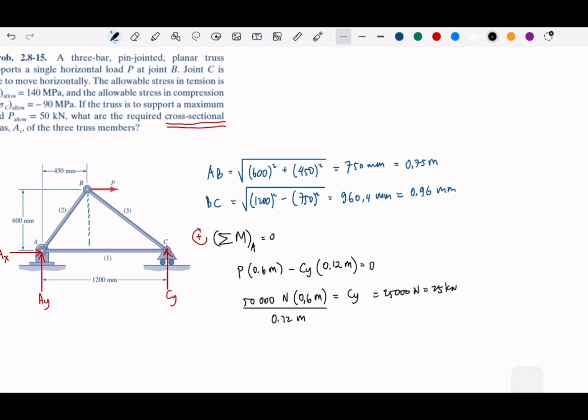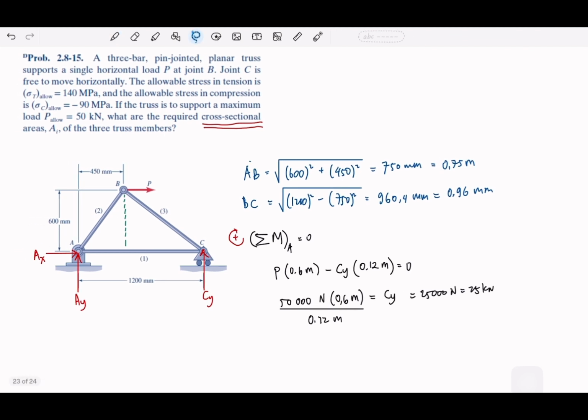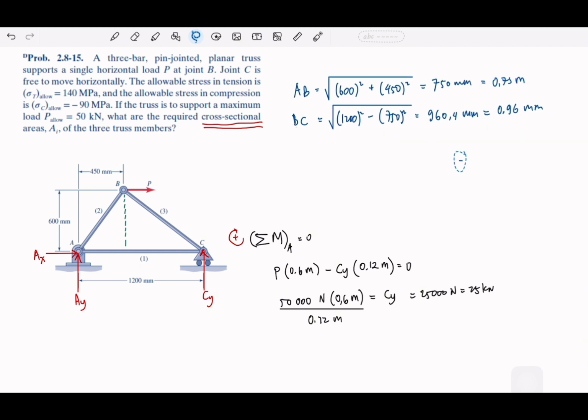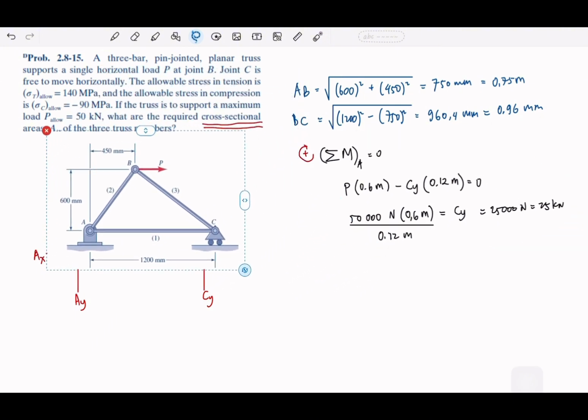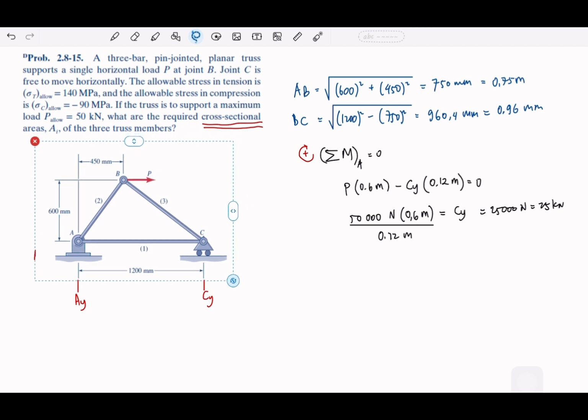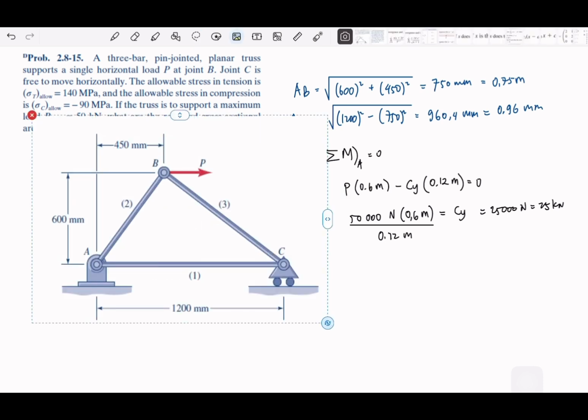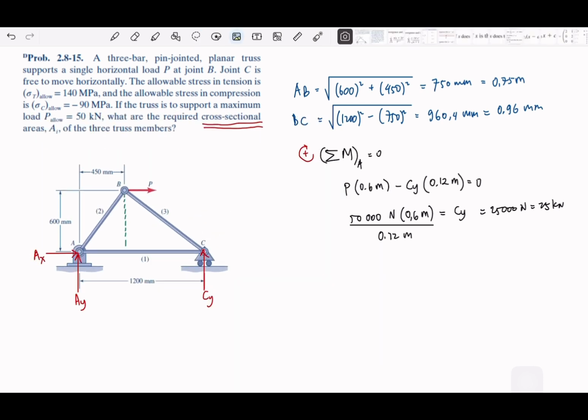And then, to make space, let me write all of this here. Let me go up. Okay, and then take the sigma force for x and y. Let's take y.